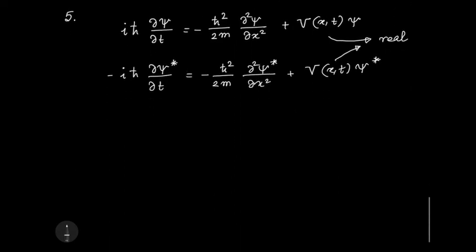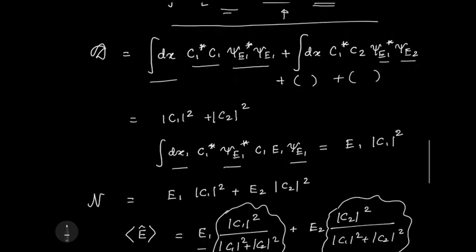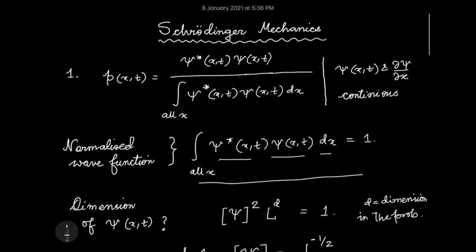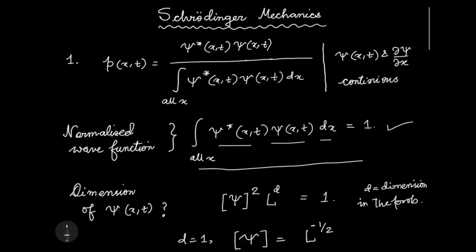Okay. So before we go further, let us calculate one quantity which will be useful later. So I have this probability density function. So let us write that psi is normalized. What do I mean by that? Psi star psi integrated over all x is 1. So psi is normalized, which means that this is 1.